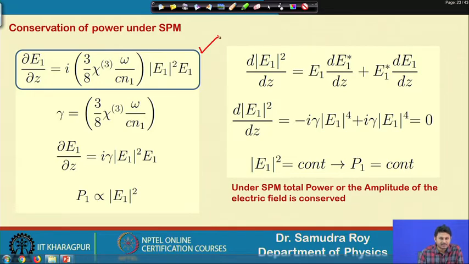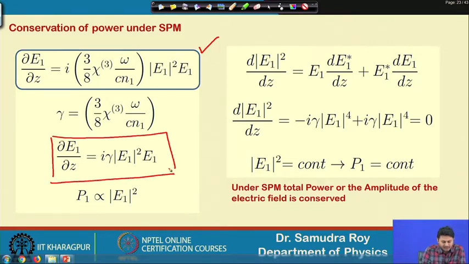If I define this 3 chi 3 omega divided by 8 c n1 as gamma, we have a straightforward expression which is del E1 del z is i gamma mod of E1 square E1. This is the differential equation for self phase modulation.